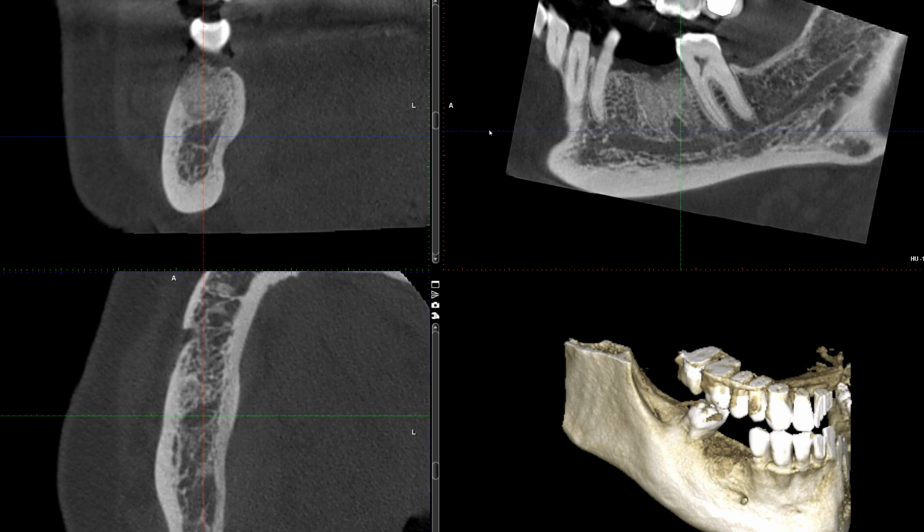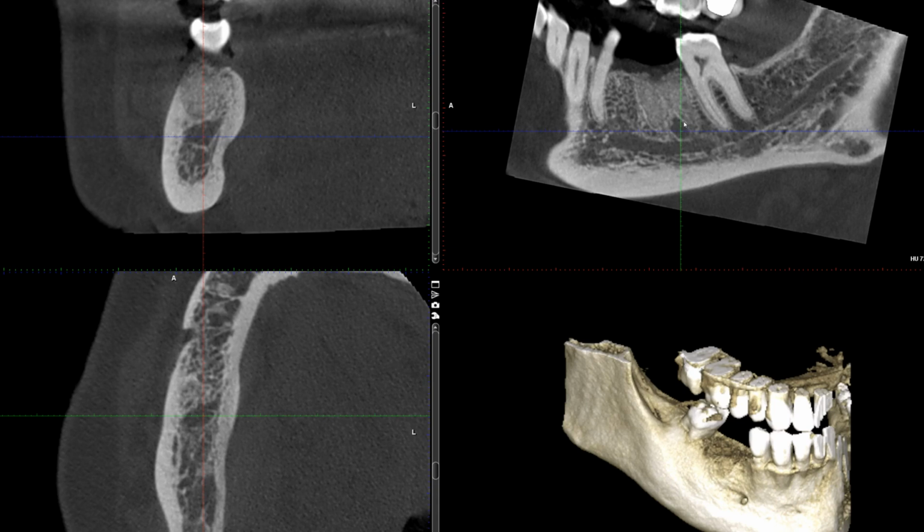And it could be true that there may be a case of a benign lesion, a well-defined corticated radiolucency located between the two roots, and depending on the history of that tooth, it could have been a residual cyst, right?